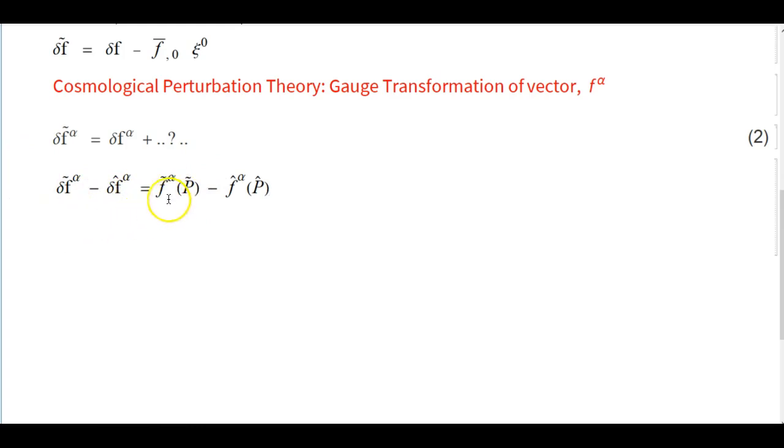Okay, so now let's see what we can do here. So we have this. Now I can do a transformation of f tilde alpha to f caret alpha at point p tilde using the tensor transformation rule at one given point.